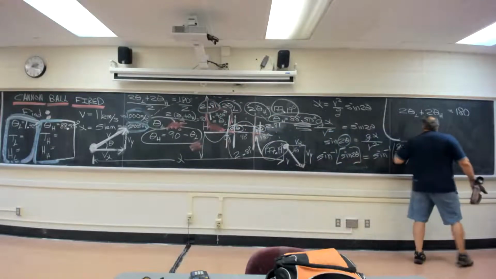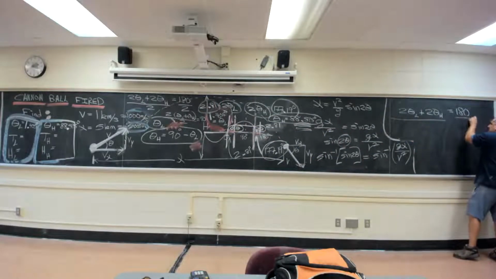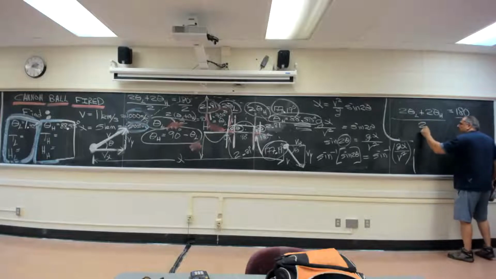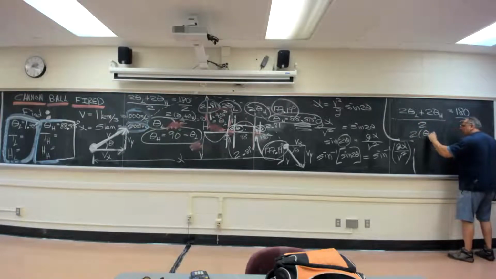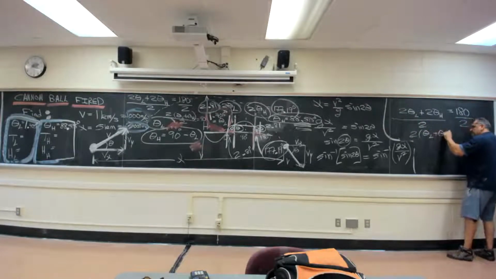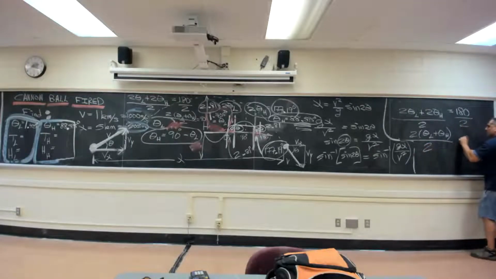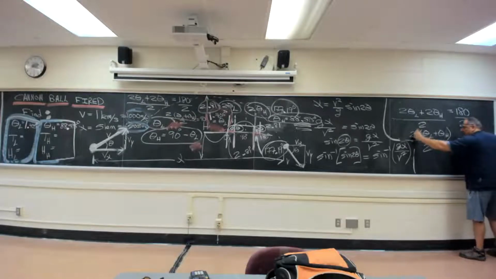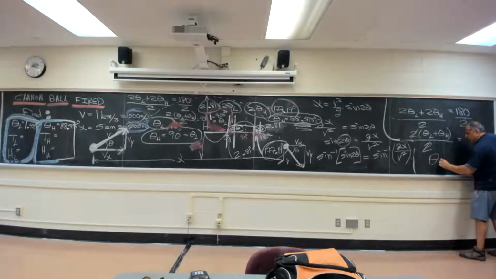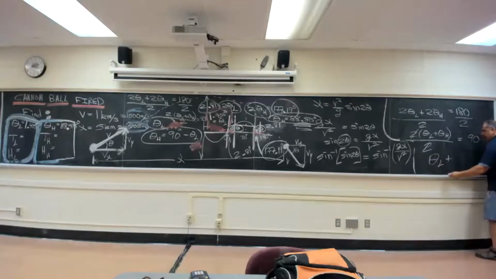If you divide by 2 on each side, 180 over 2 is 90. They cancel, and this is what I was saying earlier. Theta L and theta H are complementary angles.